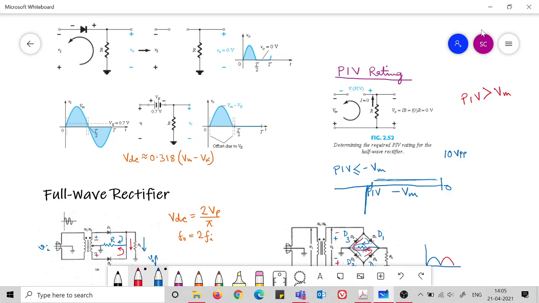So it is for more precision from the mathematical point of view, but for our standard engineering purposes we can understand it in this way, that PIV should be greater than the Vm. Here what is Vm? It is the maximum reverse bias voltage across the diode in the circuit.